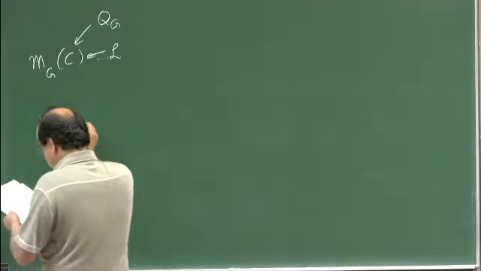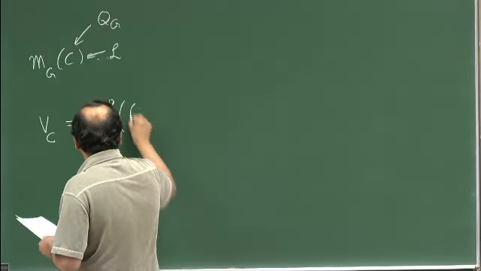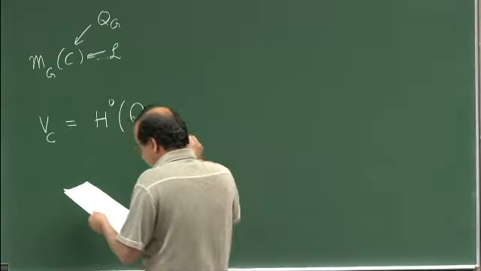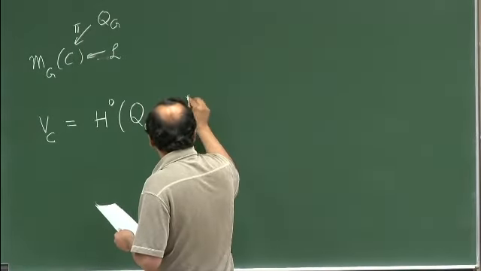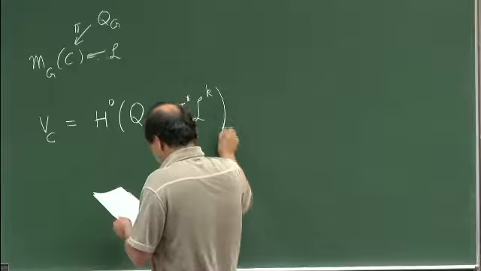So V_C is H^0 of Q_G, pi upper star L to the k.